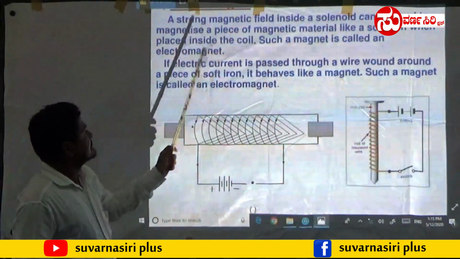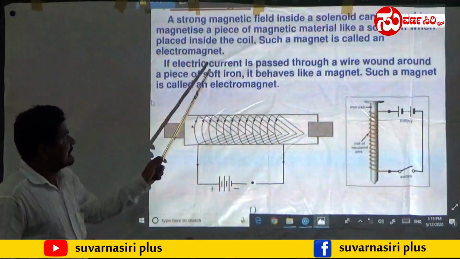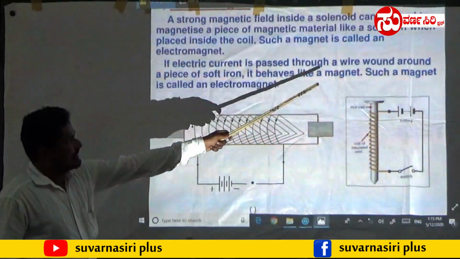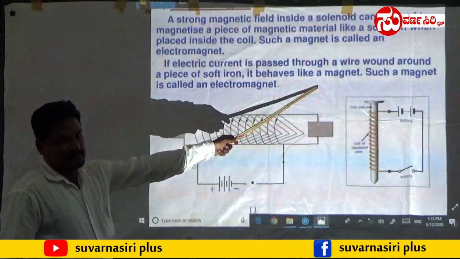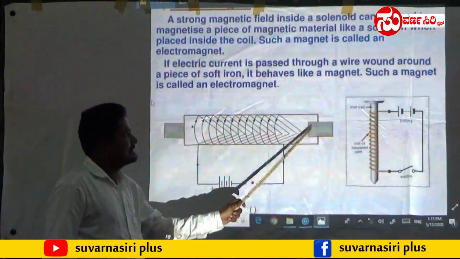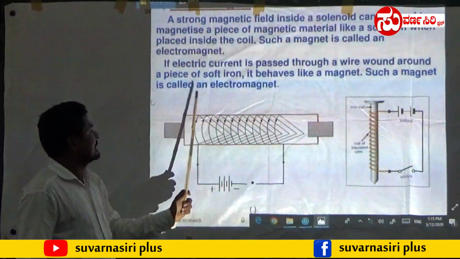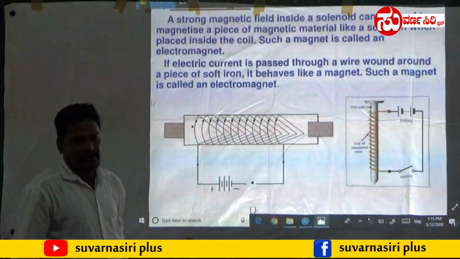Such a magnet is called an electromagnet. So what is an electromagnet? It is the magnetic field produced inside the solenoid, with a material like soft iron placed inside it. If electric current is passed through the wire around a piece of soft iron, it behaves like a magnet. This is called an electromagnet.